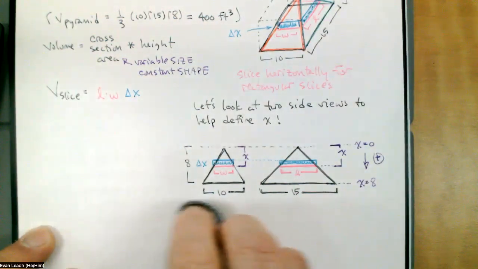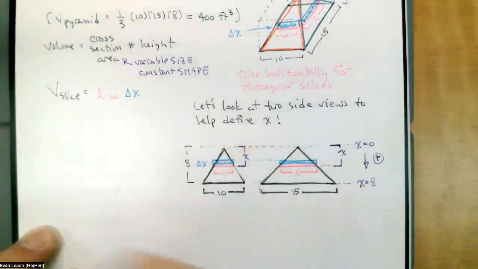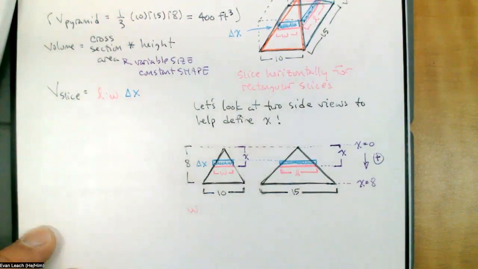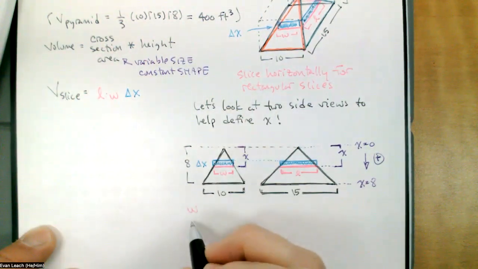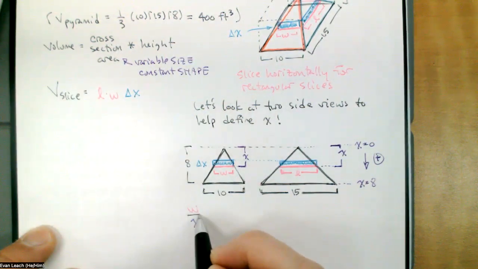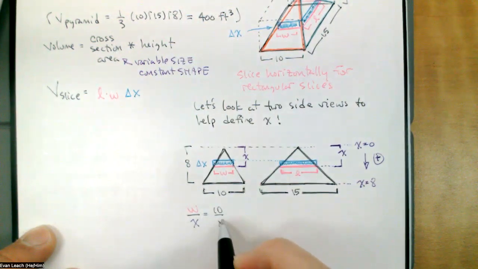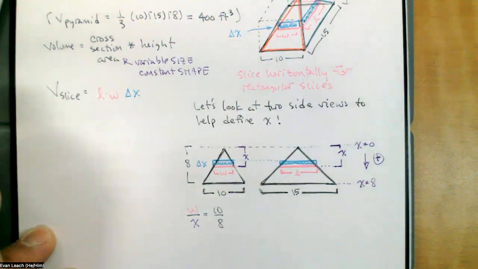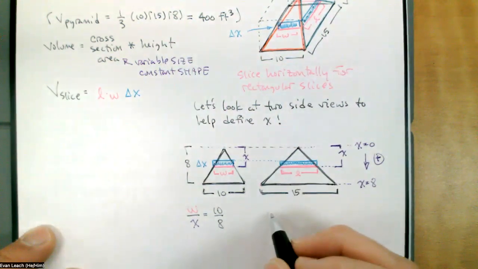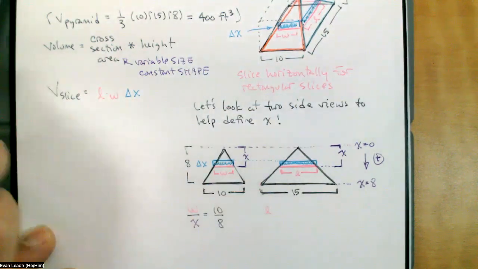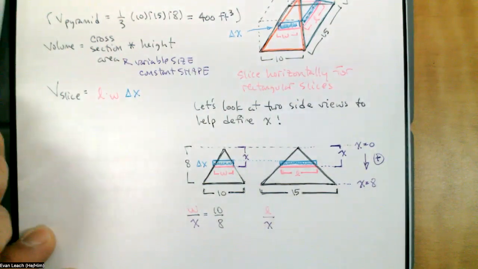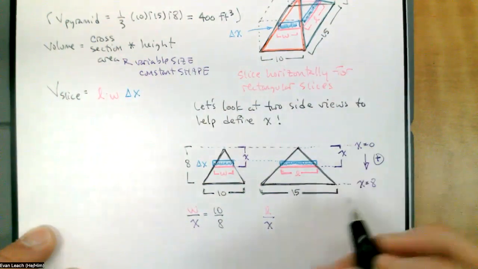I'm going to do the base to the height to do less algebraic gymnastics. So I'll take w over x will equal 10 over 8. Then over on the other side, I will set up L over x is 15 over 8.